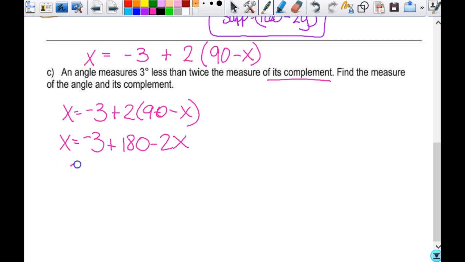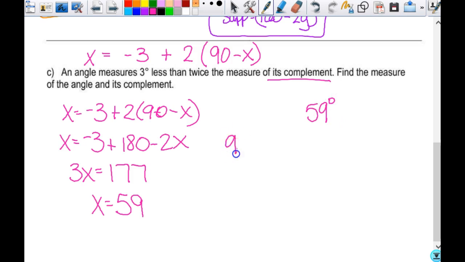So I get 3x equals what? 177. Is 177 divisible by 3? Yeah, 7 and 1 is 15. So yes, 3 goes into 17 5 times with 2 left over. 3 goes into 27 9 times. So x equals 59. So my two angles then are 59 degrees.